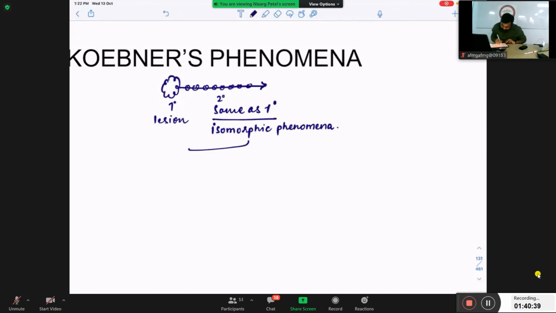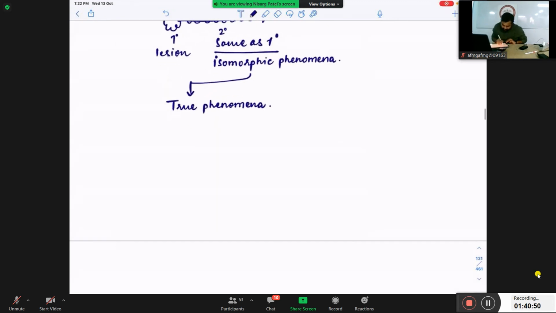But this isomorphic phenomenon, or Koebner phenomenon, is a true phenomenon in the case of psoriasis, lichen planus, and the third is vitiligo.